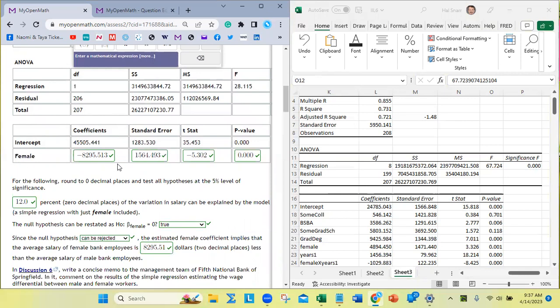And that difference was a negative $8,000. Huge. But is that the only thing that matters when you're hiring employees, male or female, and then you're trying to retain those employees through time? Is that the only thing that matters? No, other things matter, like education, years of service, etc., right?